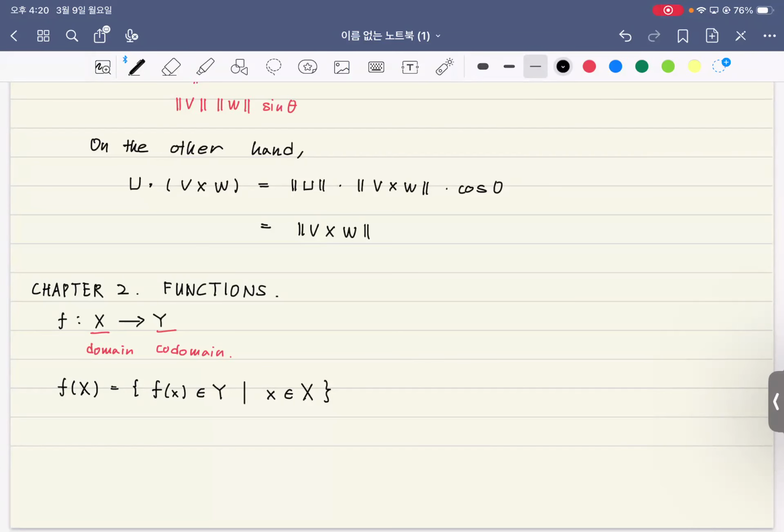The collection of all elements that are hit by at least one element from the domain. So from now on, we are going to denote this f of large X. And this is usually written as the range of f or the image of f.